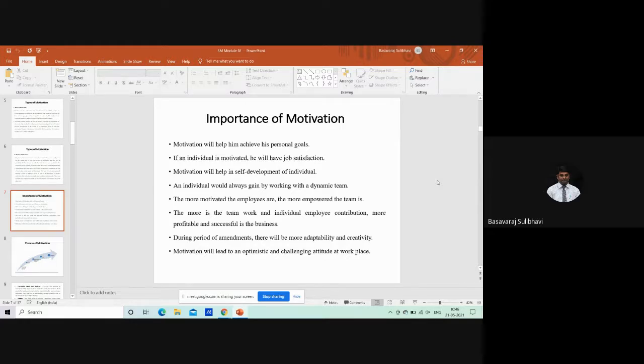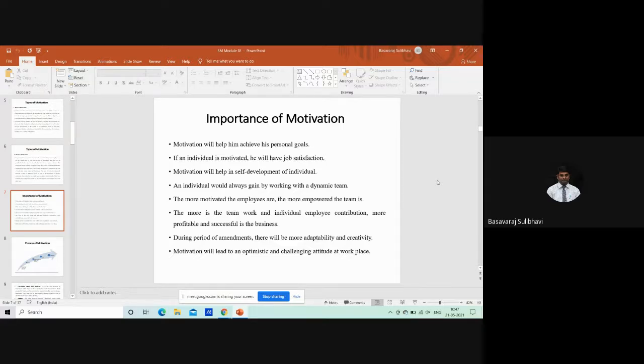And we have the third one. Motivation will help in self-development of the individual, right? Any top management person is responsible for motivating employees to perform a particular job given to them.